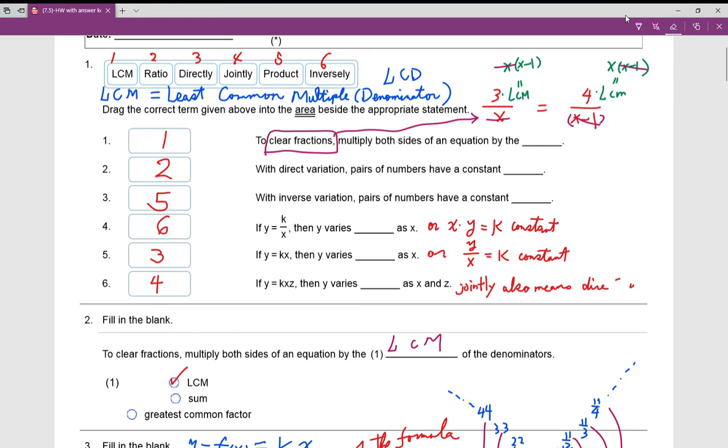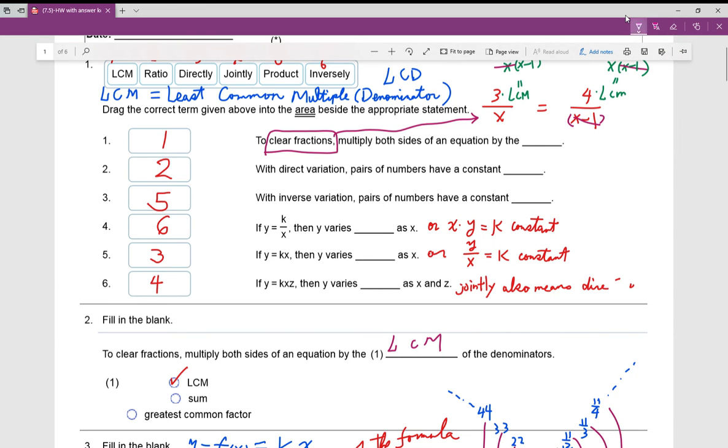Now, when you have a denominator in your equation, the easiest way is to clear fractions. Clear fractions means you make the denominator disappear. How do you make a denominator disappear? As long as you multiply by a common multiple.